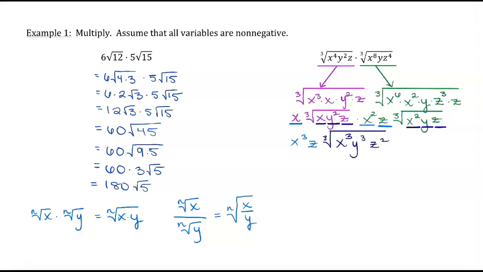x cubed and y cubed are both perfect cubes, and with a factor of x and a factor of y outside the root, this leaves a z squared inside the root, and simply x to the fourth y z outside the cube root. And that will simplify this product of two radical expressions.